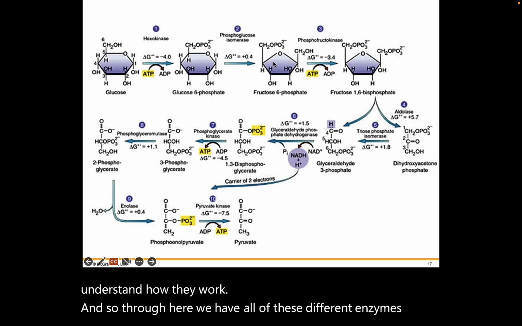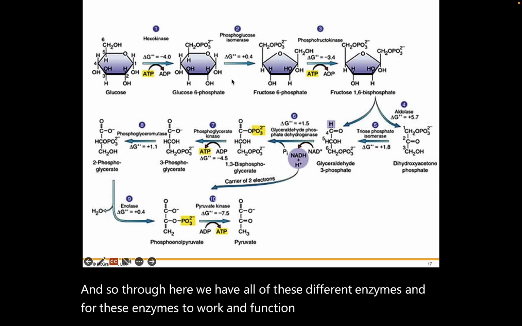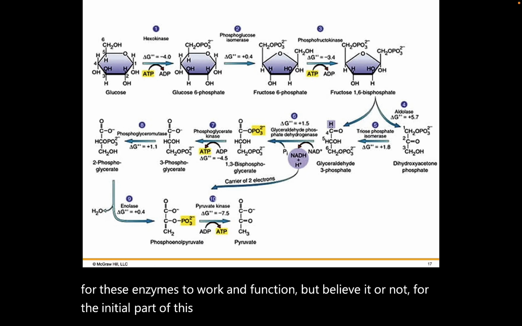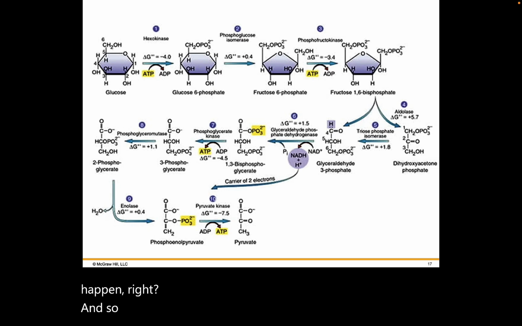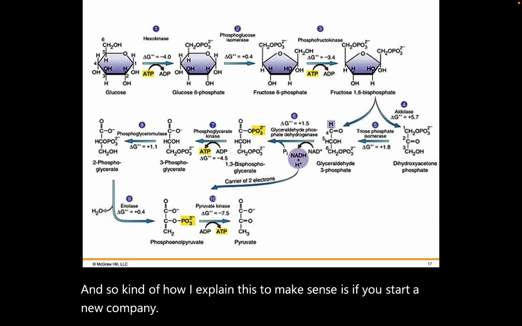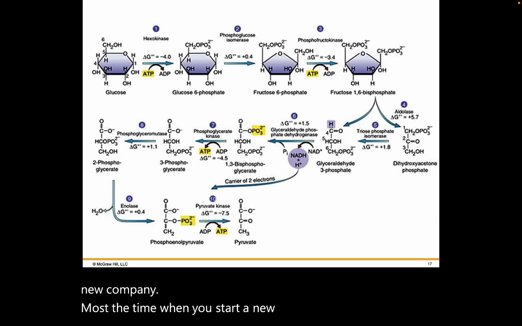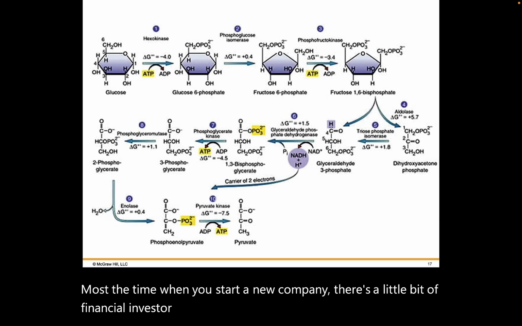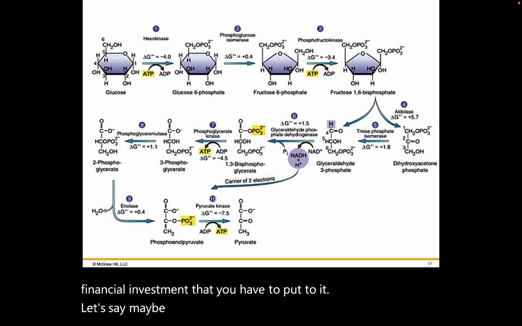For these enzymes to work and function, for the initial part of this, they need a little bit of energy for this to happen. How I explain this to make sense is, if you start a new company, most of the time there's a little bit of financial investment that you have to put in. Let's say maybe $200.